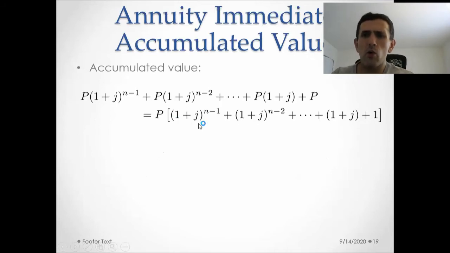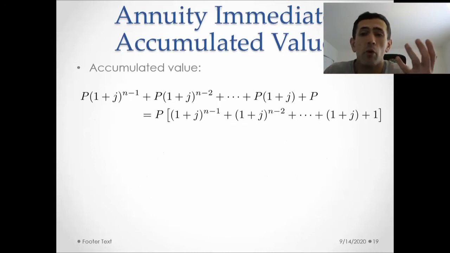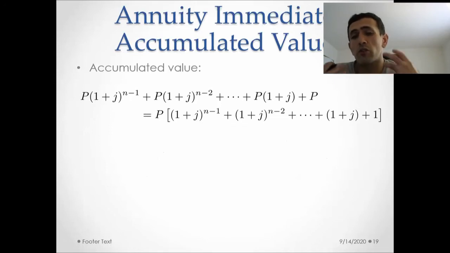In this loan or mortgage example, N could typically be 360. For example, if you have a 30-year mortgage, each year there's 12 months, so that's 360 months. If the mortgage company does exactly what I said, whenever it gets a mortgage payment, it immediately puts it into this account, earning J interest rate per period.